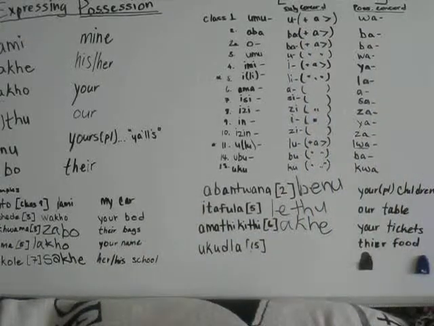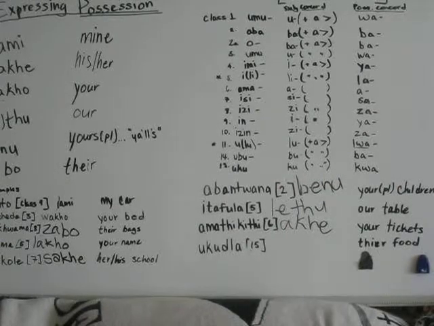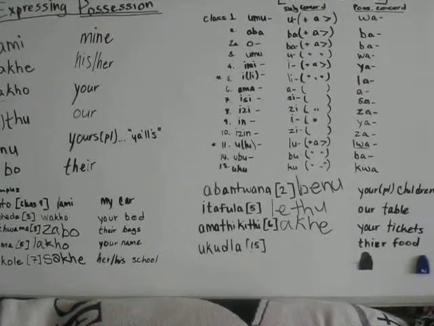And now you have ukudla. Now, ukudla, or the uku class, was a hard one for me to think of examples for outside of food. This is a funny word because ukudla, although it is a noun for food, it is also technically uku, the infinitive la, eat, to eat.